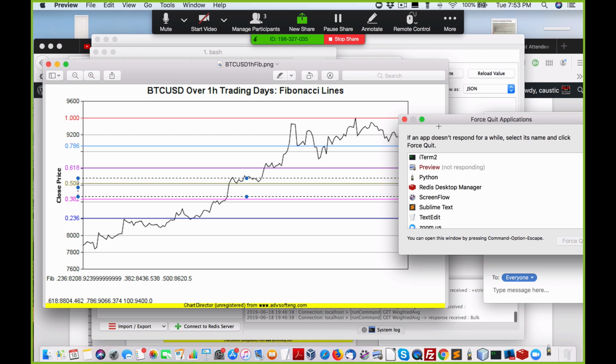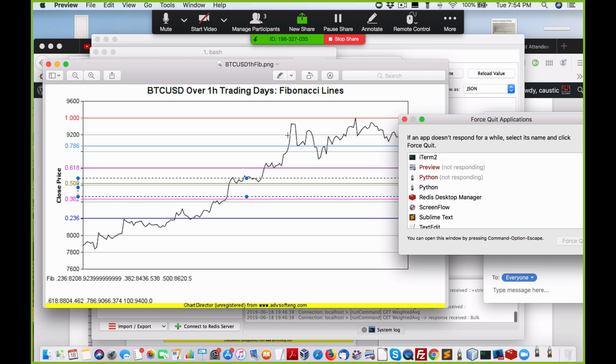So when you look at the 618 level, you can use that as an entry. And then usually what happens is it'll hit the 786 level here, the blue line. And then most of the time, it will get driven all the way up to the 100, this level here in red.